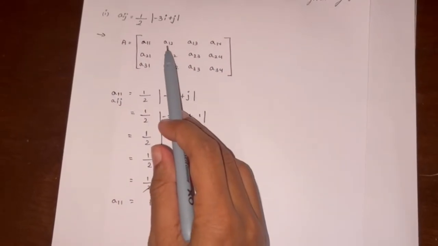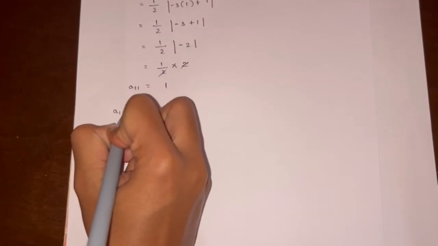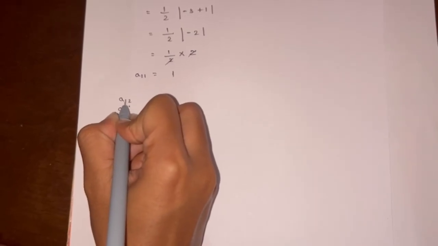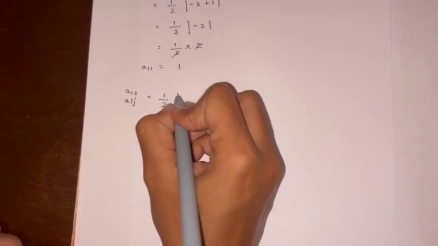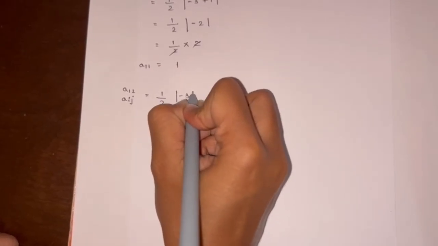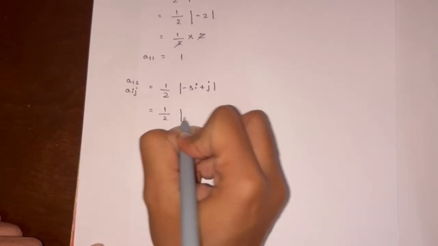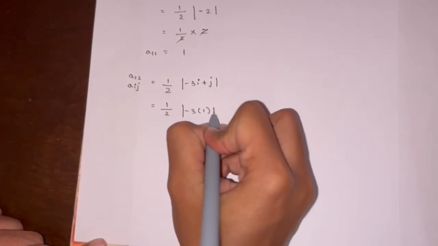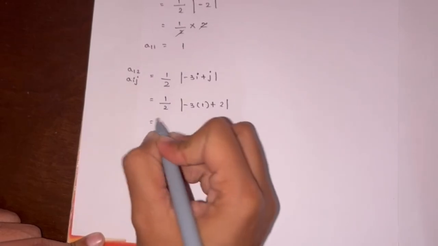So let's find A12. Nothing but you just simply have to replace in place of i and j with numbers 1 and 2. Let's write down the question. 1 by 2 mod of minus 3i plus j. So 1 by 2 mod of minus 3, in place of i we have to write 1, and in place of j we have to write 2.